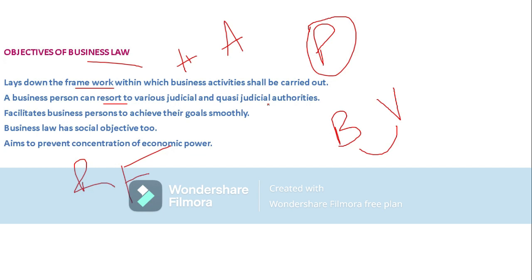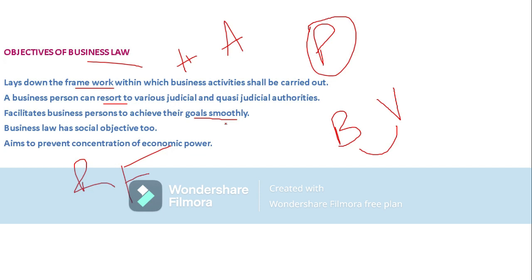So thirdly, it facilitates business persons to achieve their goals smoothly. How can a business person achieve their goals smoothly? As I said before, each and every business person enters into different agreements and different relationships with business persons, and different business activities relating to the business.